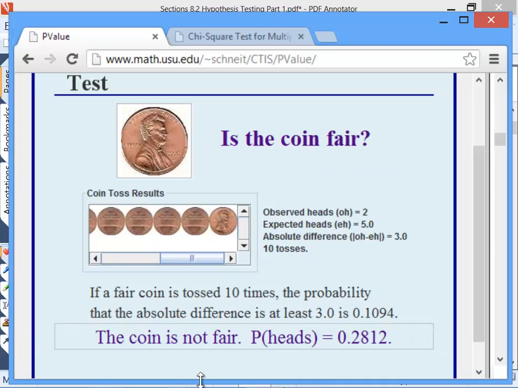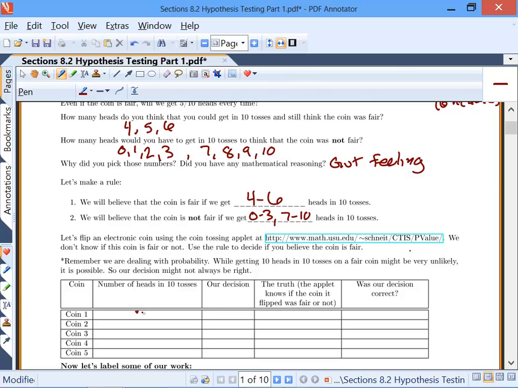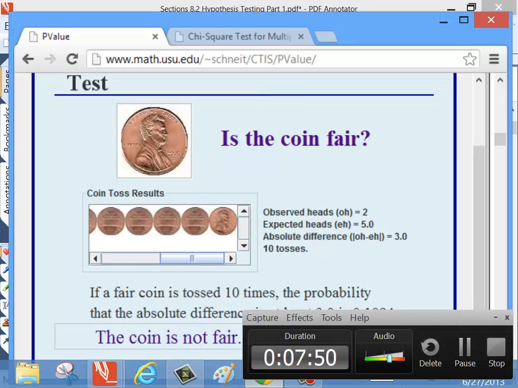We were right. The coin was not fair. The probability of heads was actually only 0.28. So we got 2 heads, our decision was not fair, the truth was that it was not fair, and our decision was correct. Okay, back to the applet.